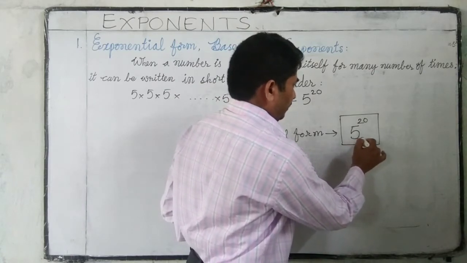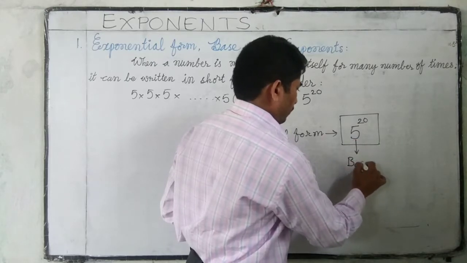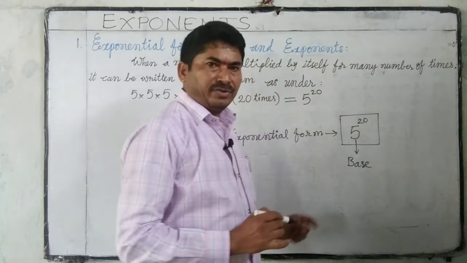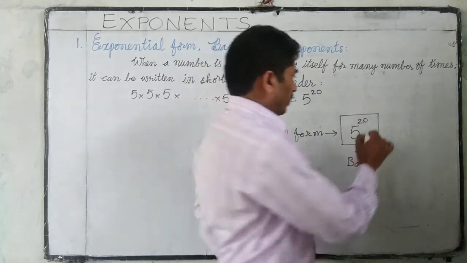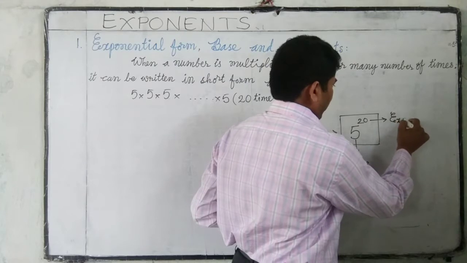In this, 5 is called base. 20 is called exponent.